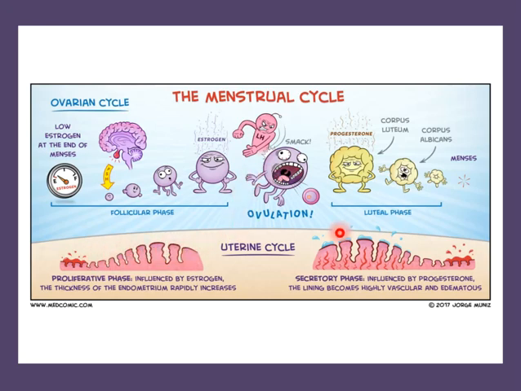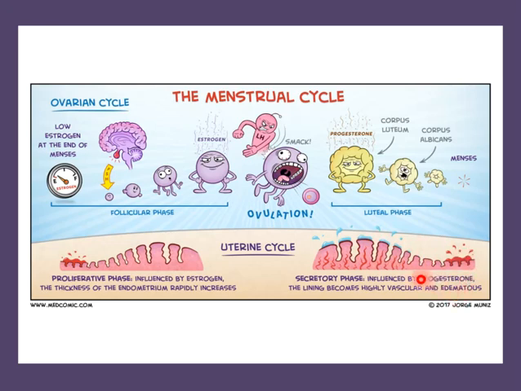Then ovulation happens, so the layer is ready for implantation to occur. It is highly vascular, and then the secretory phase begins, by which the egg is also dying, and the endometrium also starts dying under the influence of progesterone, and the lining becomes very vascular and edematous, and it starts getting broken down. And as it starts getting broken down, menses happens.